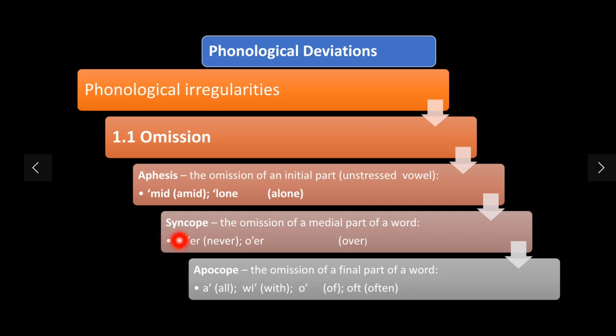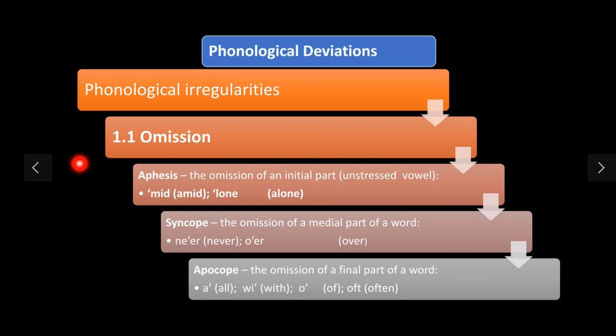For example, we have the word never, and in never we see that v is omitted, so it is pronounced as ne'er, right? Similarly, we have the word over, and v is omitted and it is pronounced as o'er. So when a medial letter or a medial sound is omitted, this is technically called syncope.